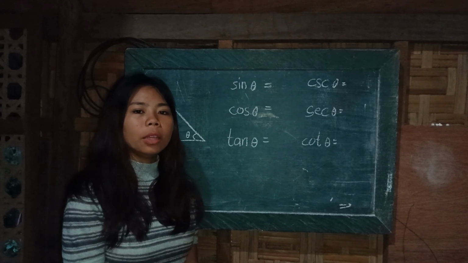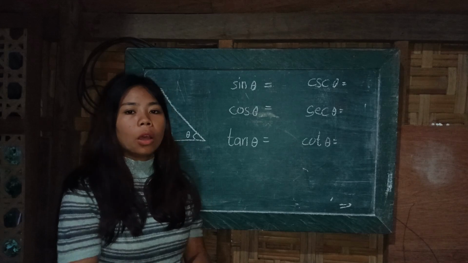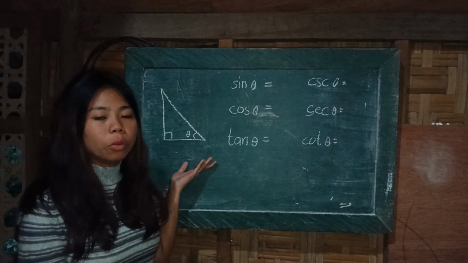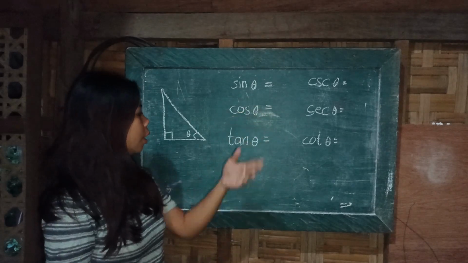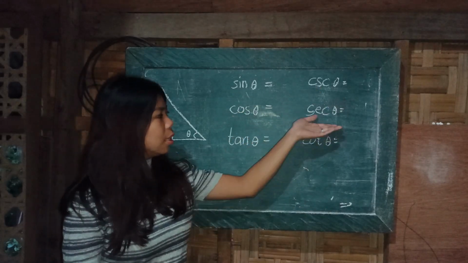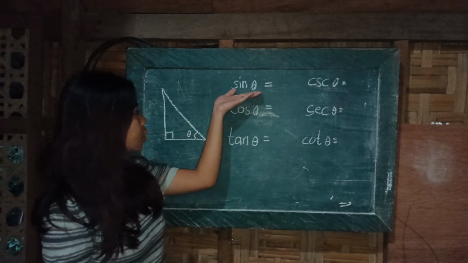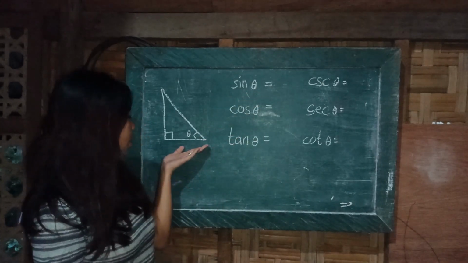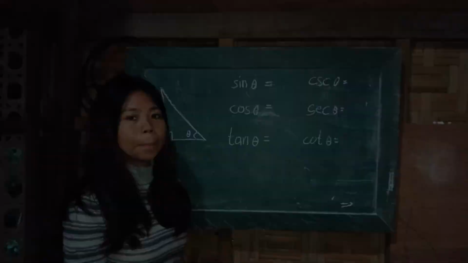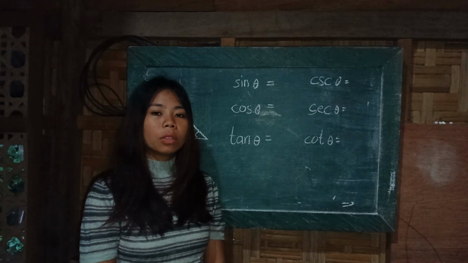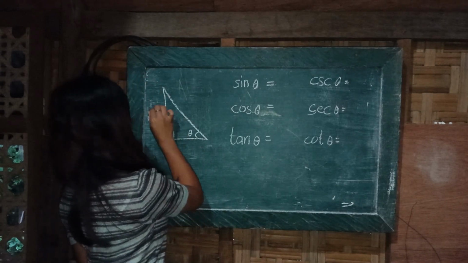So let me give you the six trigonometric ratios of the right triangle. First, we have sine, cosine, tangent, cosecant, secant, and cotangent. To get the value of sine, the acute angle is the reference, and the side opposite to it is the opposite side of our theta.